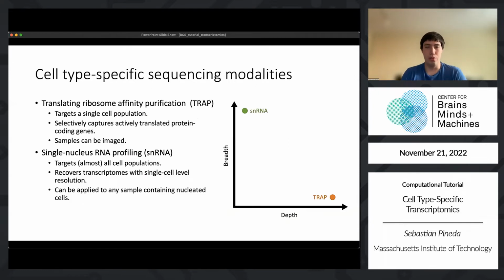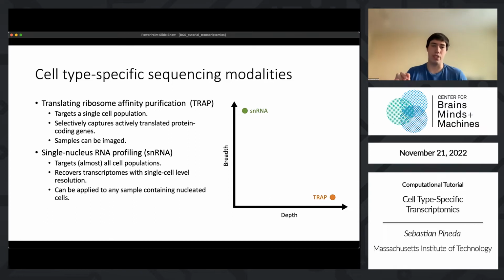So we're going to talk about two cell type specific sequencing modalities, which are very common in the field. And they sort of encompass the two extremes of resolution. One of them is TRAP, translating ribosome affinity purification, which allows us to target one very particular cell population with high accuracy and very high fidelity.